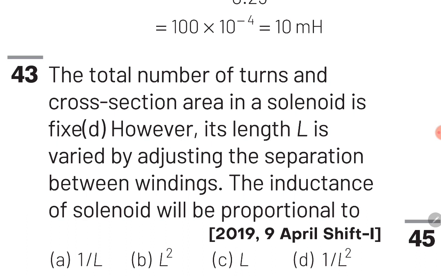Guys, this formula is self-inductance is equal to mu naught n square AL. Guys, in this formula, n is number of turns per unit length, A is area of solenoid and L is length of solenoid. Guys, using this equation, this question can be solved very easily. Let's observe this in the solution in the next slide.